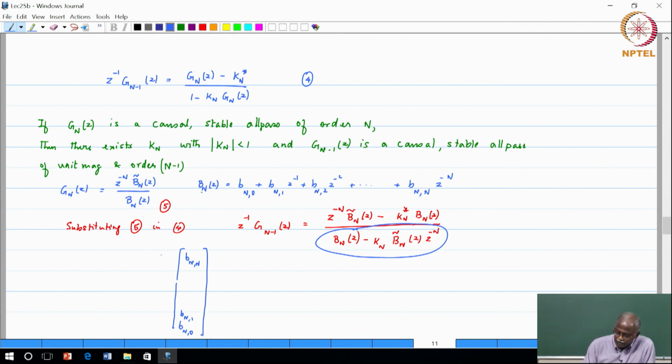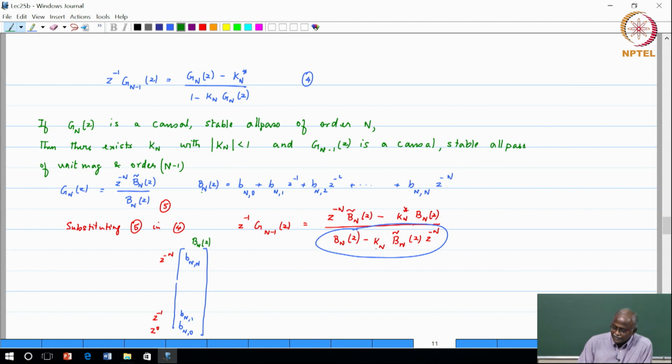Okay. So, in terms of the coefficients, this is the coefficient of z power 0, this is the coefficient of z minus 1, this is the coefficient of z minus n. Okay. That is basically b n of z. So, this is a representation of b n of z.